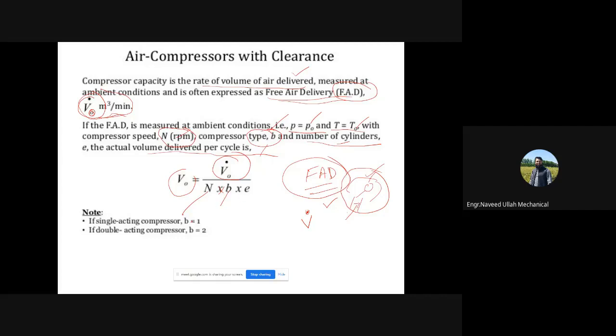Double acting है, so in place of B you can put 2. अगर single acting है you can put 1 in place of B. And similarly this E is for number of cylinders. So if you know about this FAD, the RPM, the type of air compressor, and the number of cylinders, you can calculate actually how much air will be delivered.